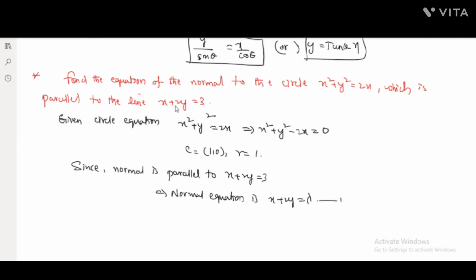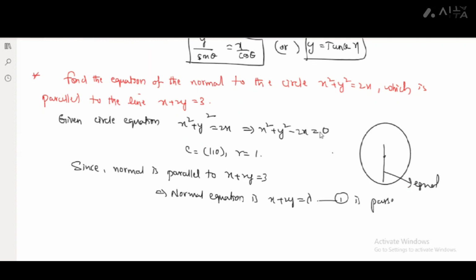This normal, generally normal passes through center of the circle. So this is the equation 1. So that means we can substitute the center of the circle in this line. So we'll get the lambda, it passes through center of circle.